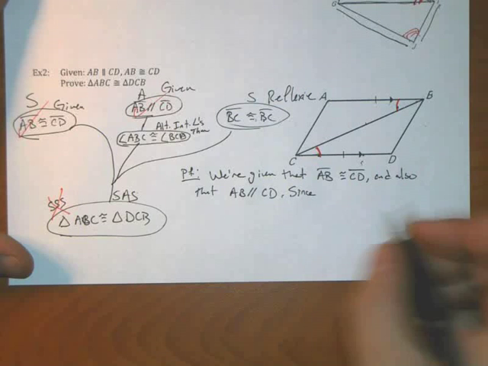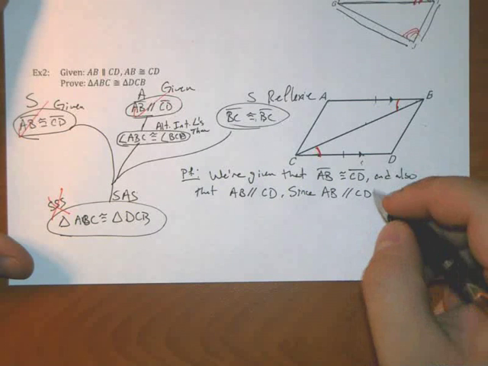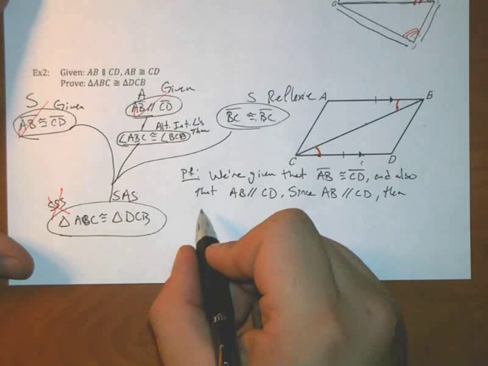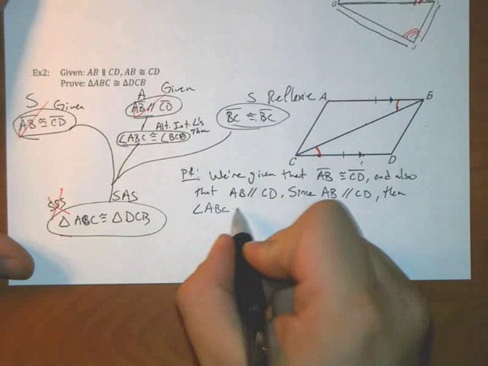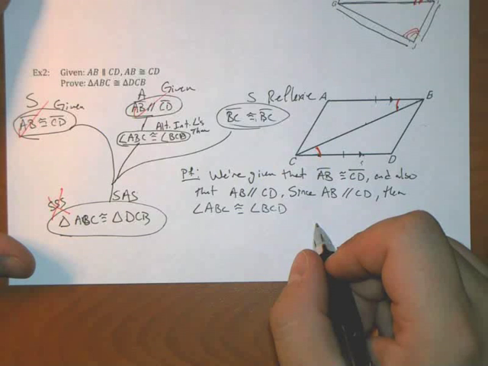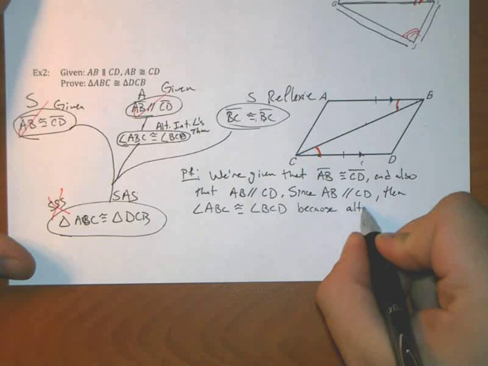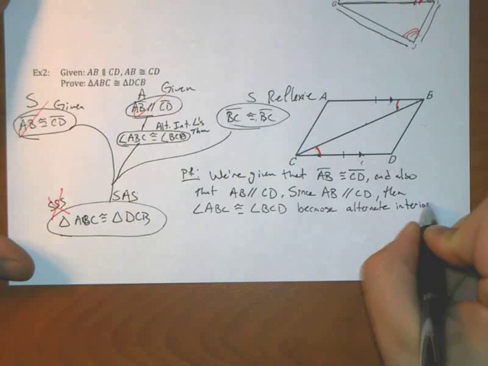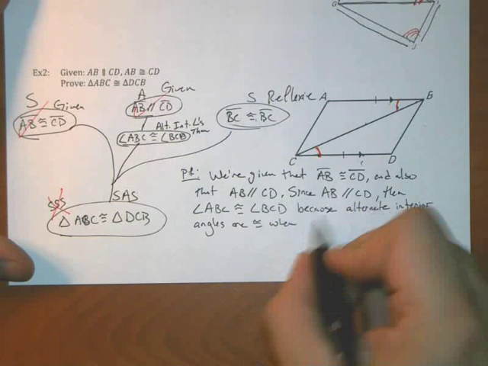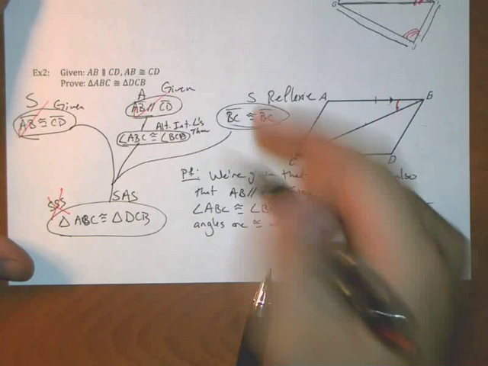Since AB is parallel to CD, then angle ABC is congruent to angle BCD because alternate interior angles are congruent when lines are parallel.